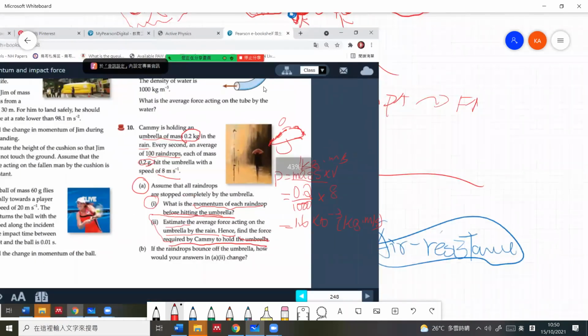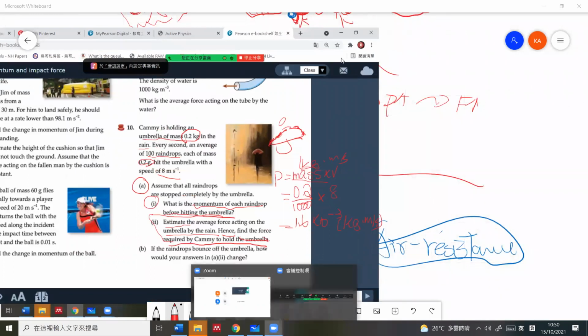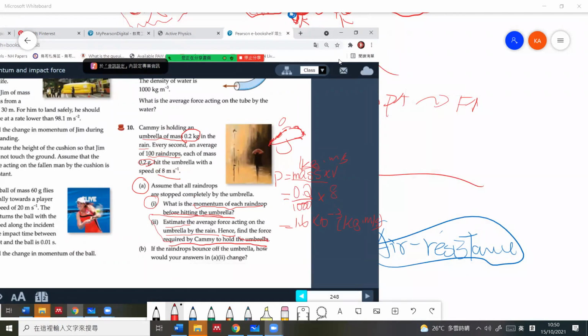Since the ring now rests on the umbrella, the final velocity of the ring is 0 meters per second. The initial velocity of the ring is given by this fraction, so it's 8 meters per second.